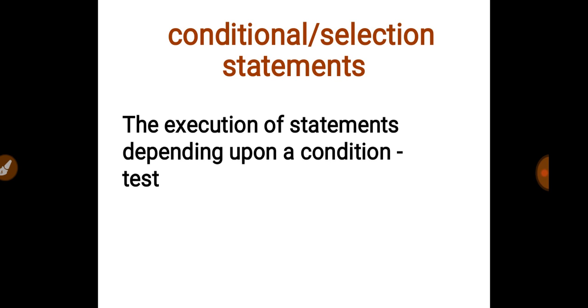These selection statements control the execution of a program based on some condition. That means if the given condition is true or false, the execution of the program works accordingly.